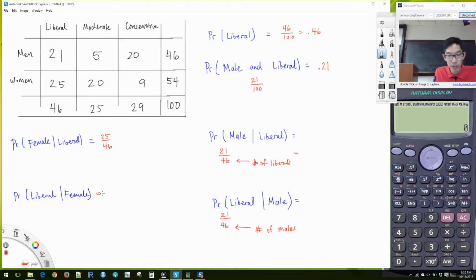And over here I would have 25 divided by 54. Okay. So study this. You'll probably see a quiz question similar next week to answering these types of things, and make sure you know the difference between female given liberal and liberal given female.